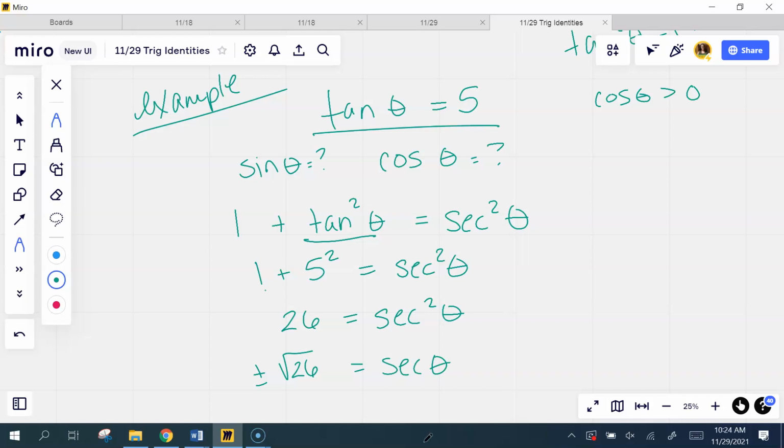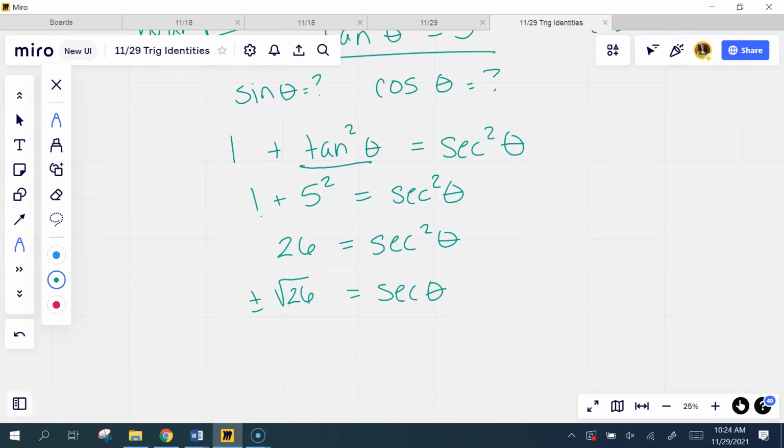How is this helping me? Remember initially what I need to find. I need to find sine and cosine. Okay, I can flip it. So secant is the same thing as what? Look at y'all using that reciprocal, and you didn't even know.